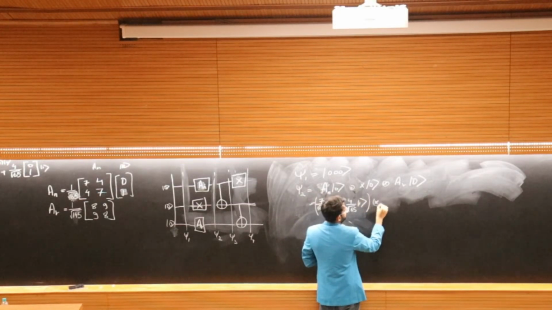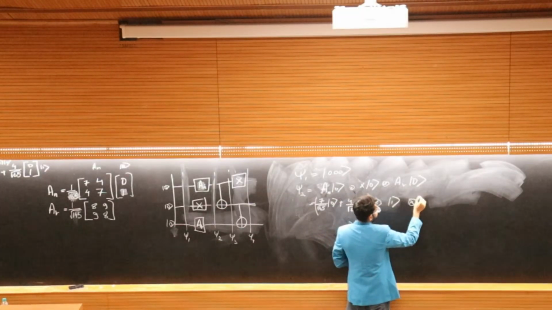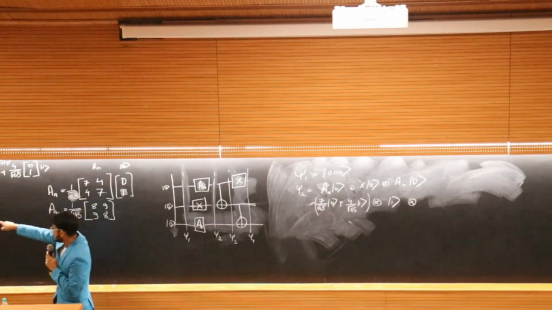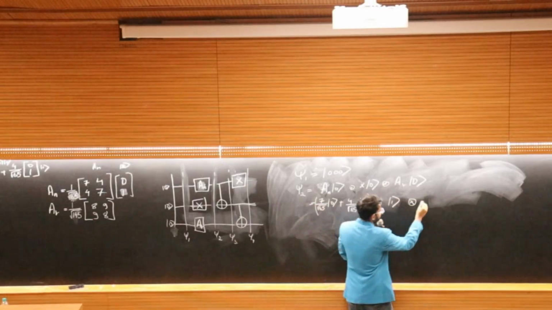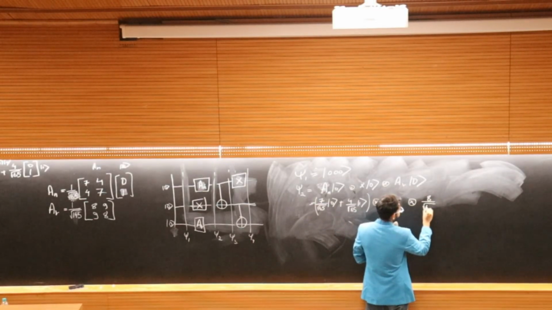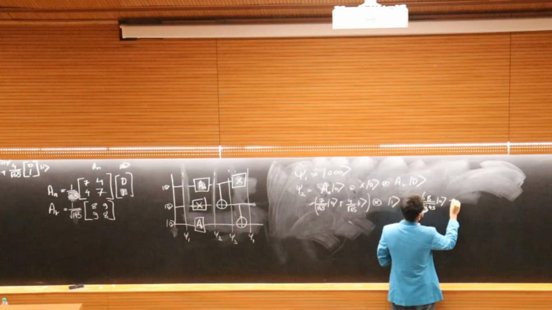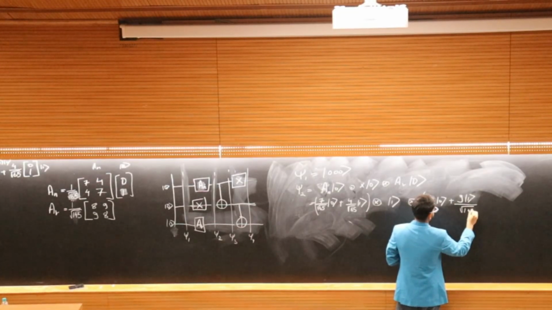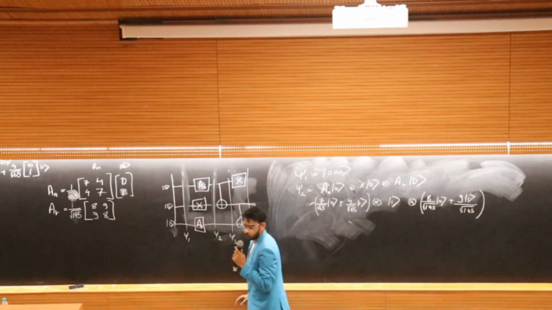X0 gets changed to 1, and if you talk about AR0, AR0 was this number. I can write it as 8 by root 145 0. So this is your side 2.